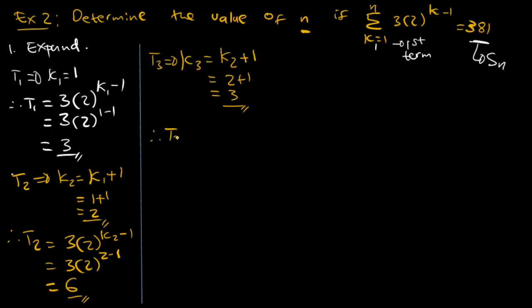As a result, T3 will be, you take the expression as is, and you substitute K3, which is 3 minus 1. So this will be 2, and 2 squared, or 2 raised to exponent 2, is 4. 4 times 3 will be 12.